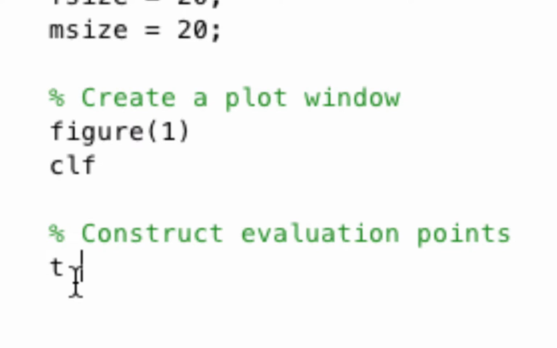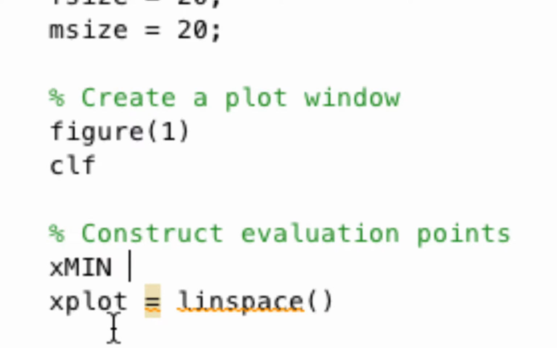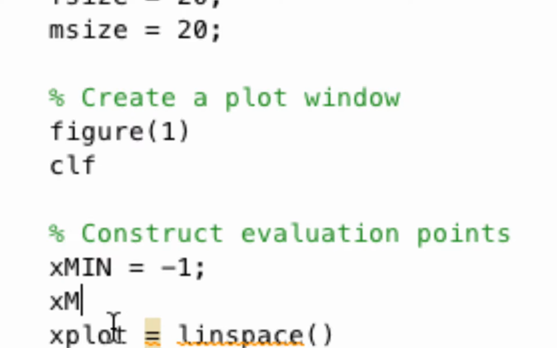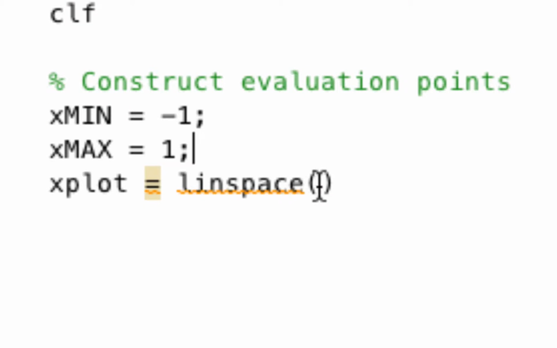So let's put x plot equals linspace. Right now I'm not completely sure what would be a good plotting area. We can change it later, but let's put here x minimum, let's say -1, and x maximum +1. We will change them if we cannot see what we want in this area.